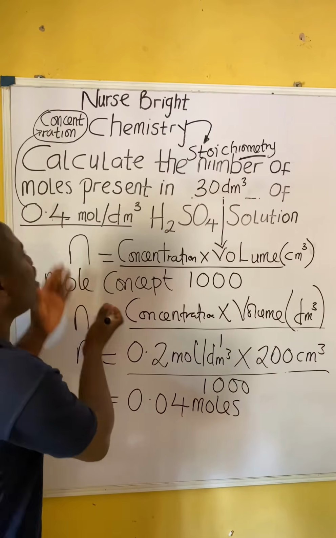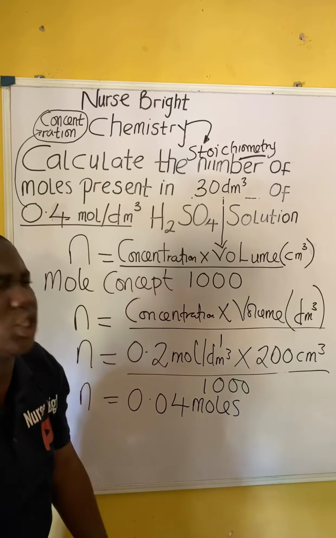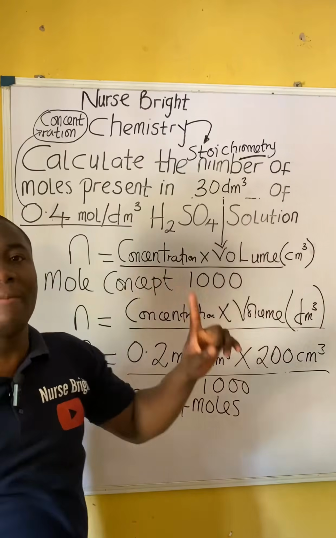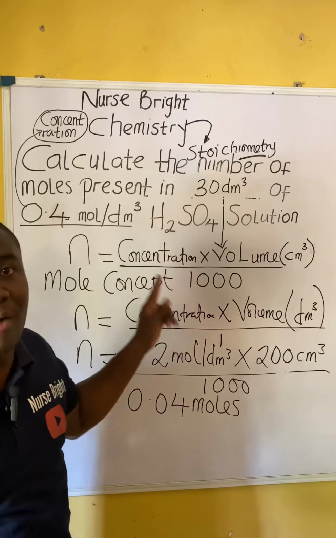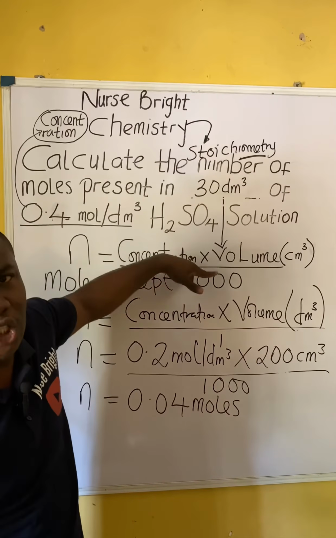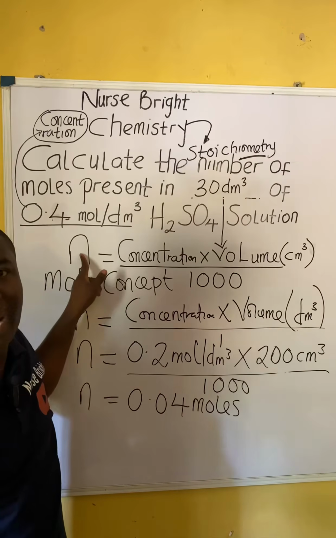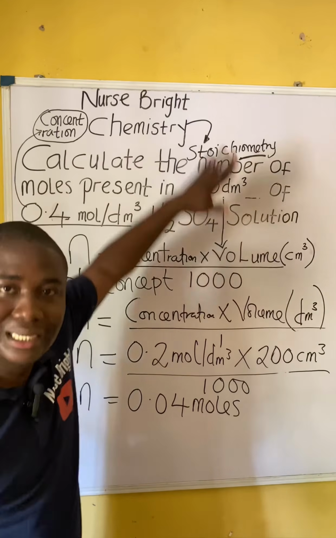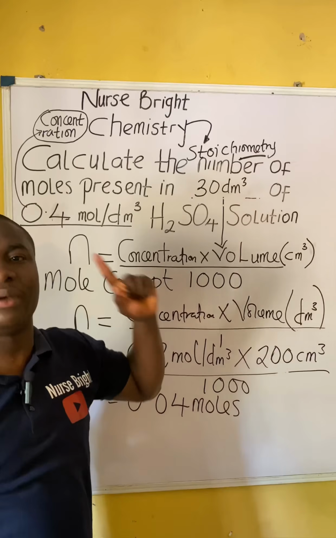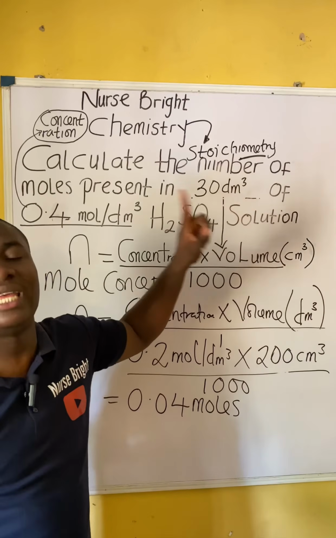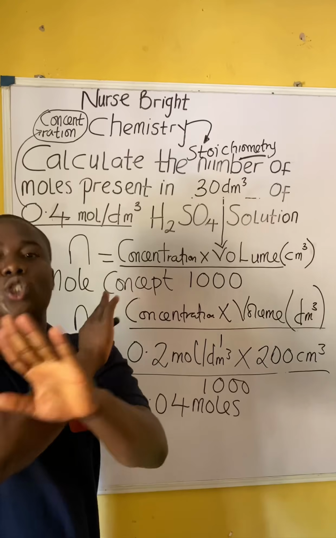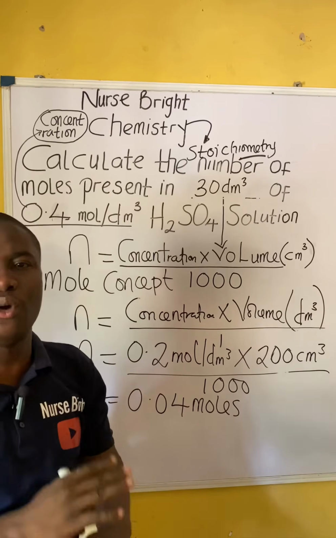I explained mole concept and solved many practice questions similar to this, and also on other formulas for number of moles. For this type of question, this is the formula to apply whenever you see volume and concentration and they are asking for number of moles. But be careful about the volume. If volume is in cm cube, divide by 1000. If volume is in dm cube, don't divide by 1000, just multiply your values and you are good to go.